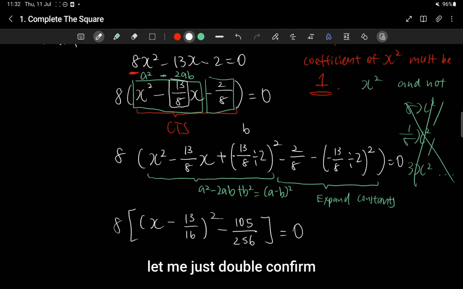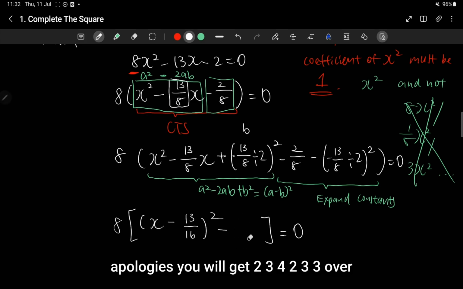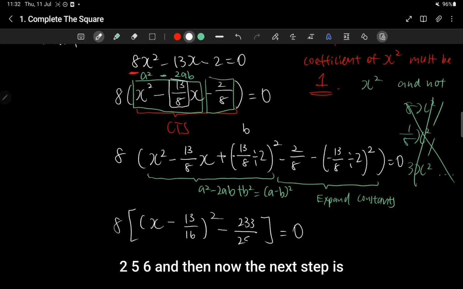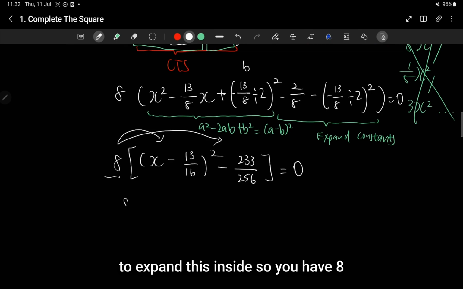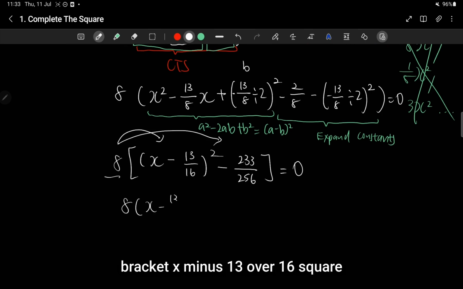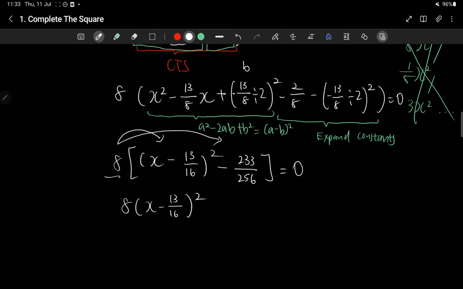Let me just double confirm. Apologies, you will get 233 over 256. And then now the next step is to expand this inside. So you have 8 bracket x minus 13 over 16 squared minus 233 over 32 equals 0. And that is your answer.